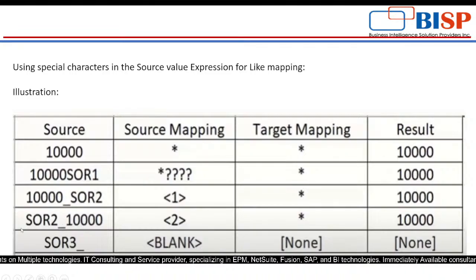Similarly, in the case of SOR2, which is connected with 10,000, again I want to transfer only 10,000, so I need to remove SOR2. Here in the source mapping we have provided the angle-bracket expression, and in the target mapping we have provided asterisk to get the result 10,000.